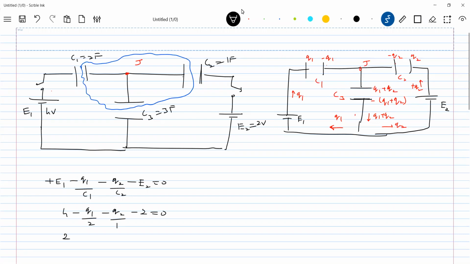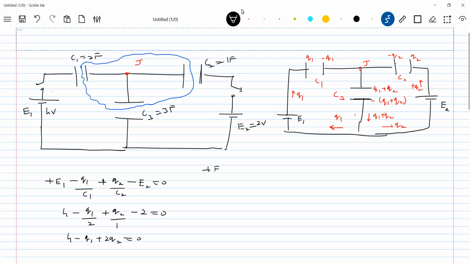So this will become 4 minus Q1 plus 2Q2 equals 0. That's one equation, two unknowns. One more equation is needed, so you can take either this loop or this loop.